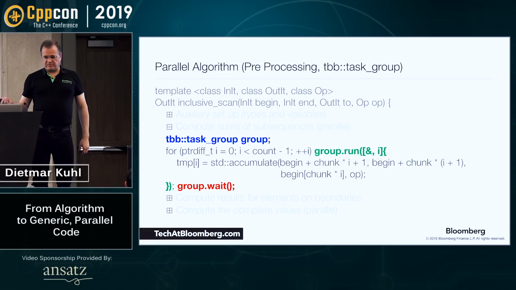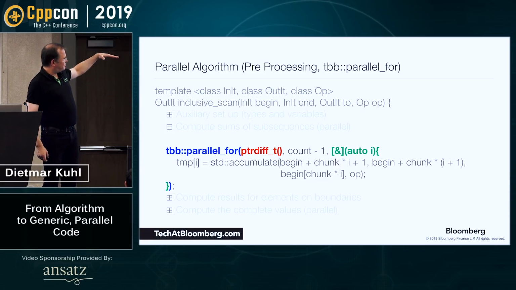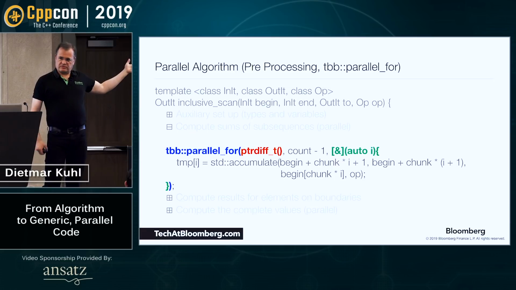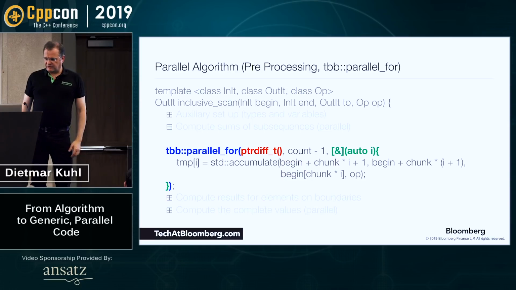And Threading Building Blocks has a parallel for construct that looks like that, which provides a function with an index and executes these things in parallel. That's quite nice because it promises that each index is, well, it somehow parallelizes on the indices. It probably kicks them off in parallel in some shape or form. They don't entirely document how that is done, but it seems to be nicely parallel. So we can do that.